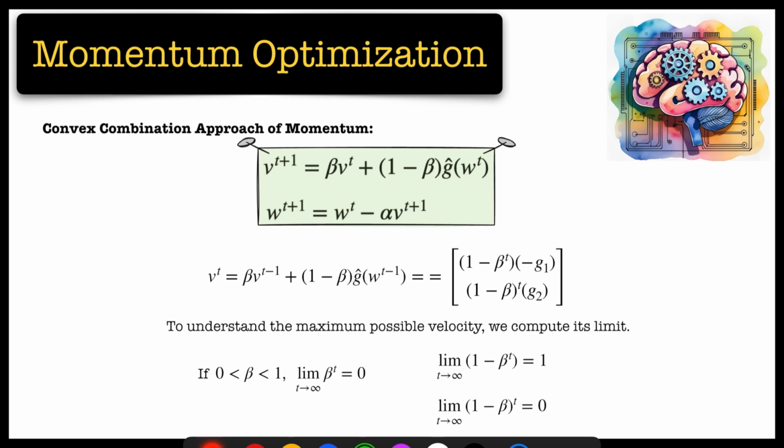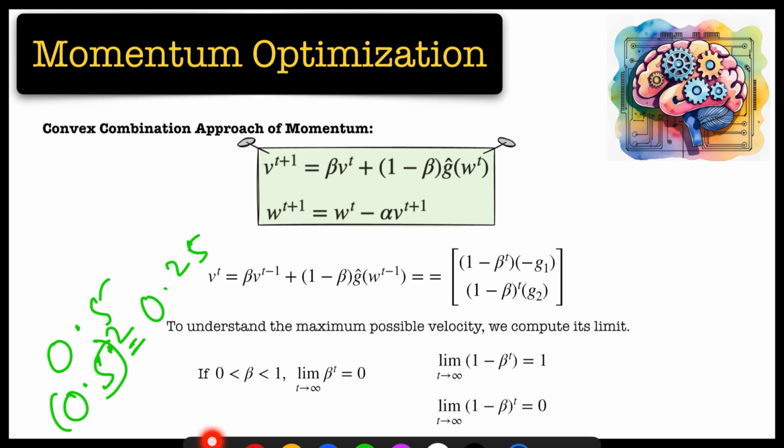Quick intuition: if you take 0.5 and compute the power, 0.5 square, we get 0.25. Square again, we get a much lesser value. So if beta is between 0 and 1, beta power t will always tend to 0.